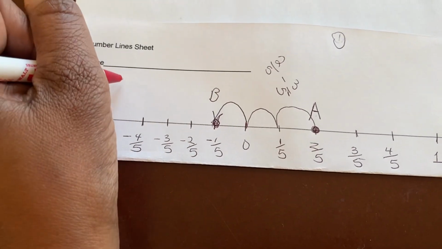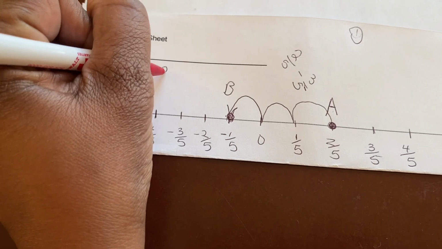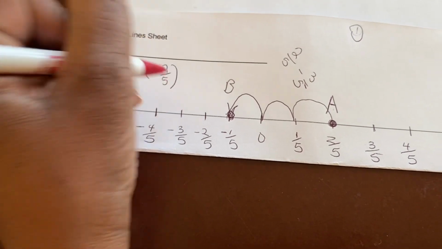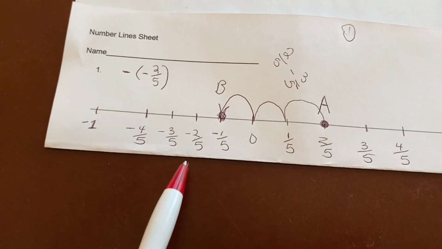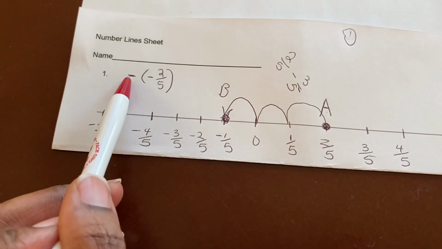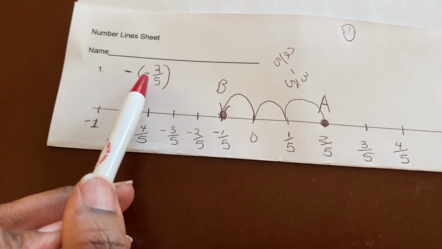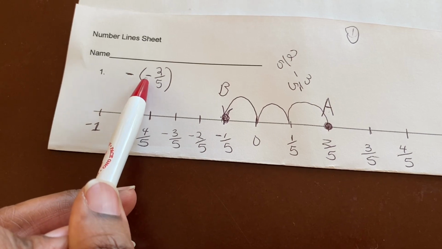Now, what would be the opposite of -2/5? Well, the opposite of -2/5, this means opposite, okay? So you have a negative, the opposite of -2/5.